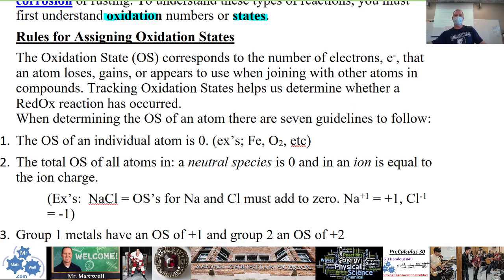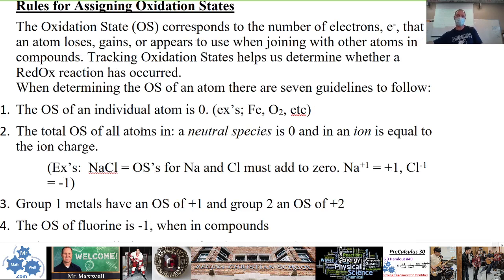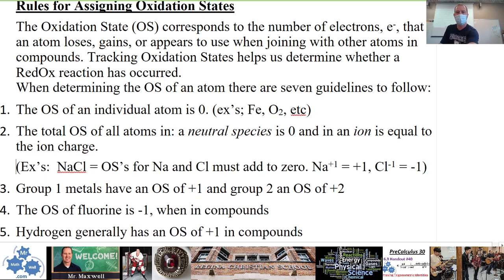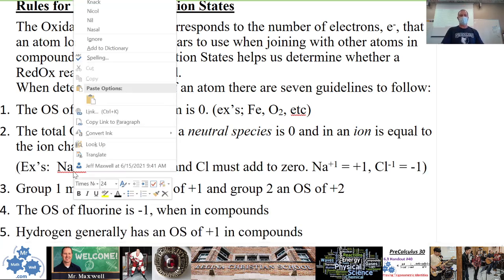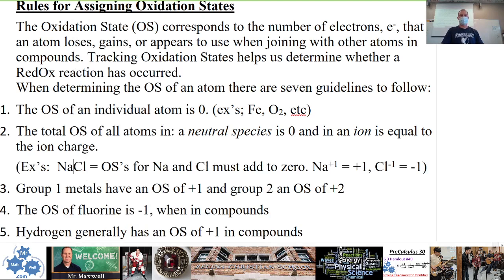Now I do have some examples here, and I'll focus on this one first. An example like NaCl. The oxidation states for NaCl must add to 0. Why? Because this is a neutral compound. The overall charge is 0, so they must add up to 0.